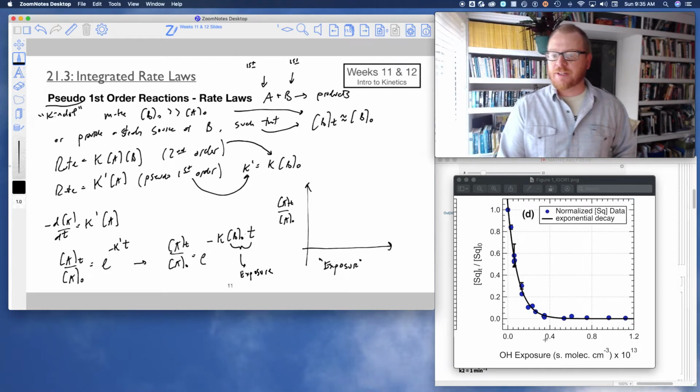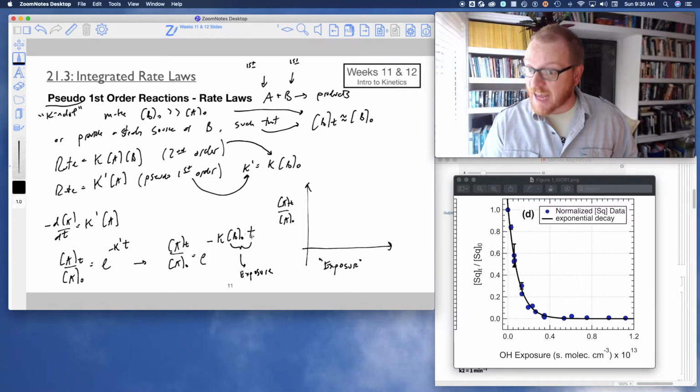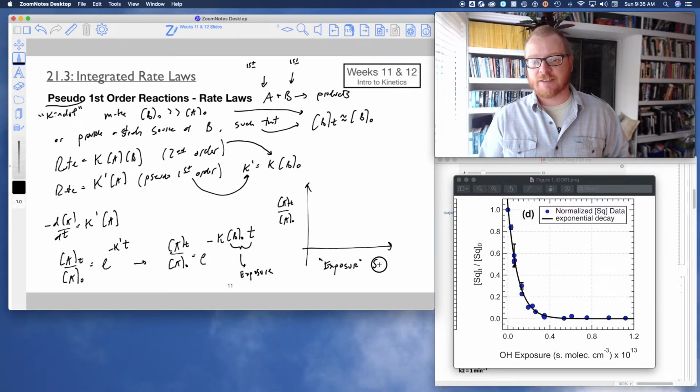And you notice it has units of seconds, molecules per cubic centimeter. And so that's because the concentration of B would be molecules per cubic centimeter times time in seconds. That gives us the seconds times molecules divided by cubic centimeters.